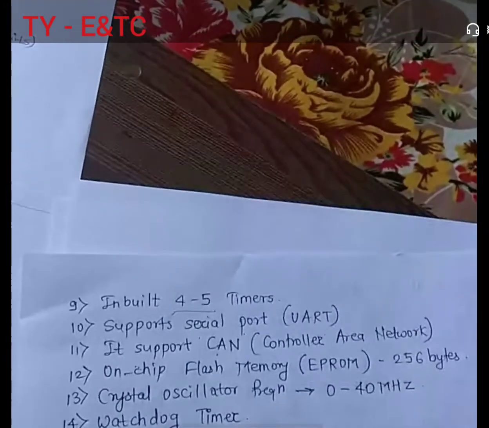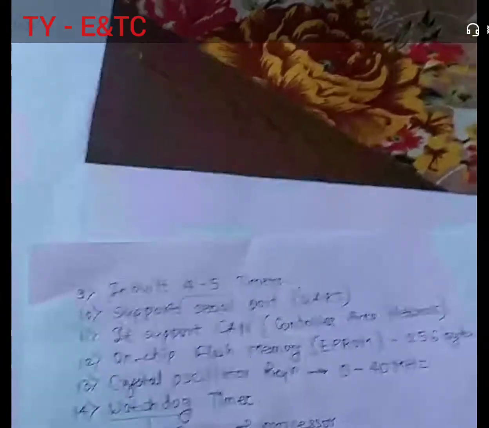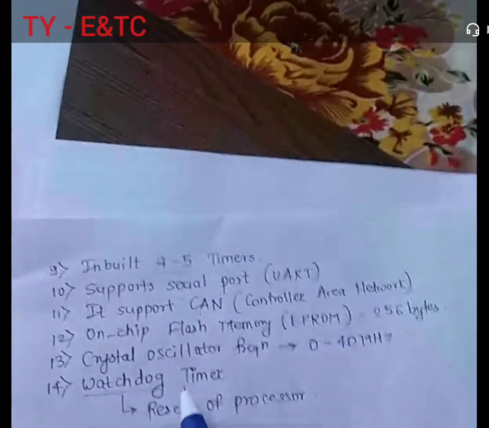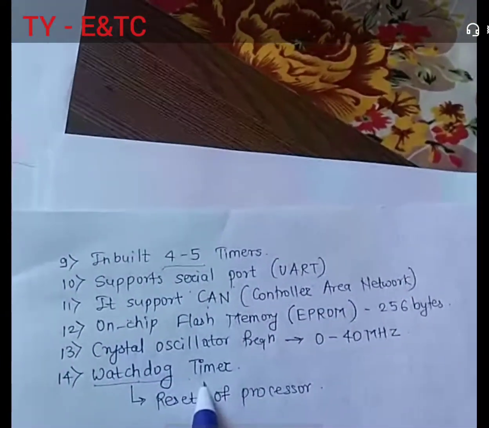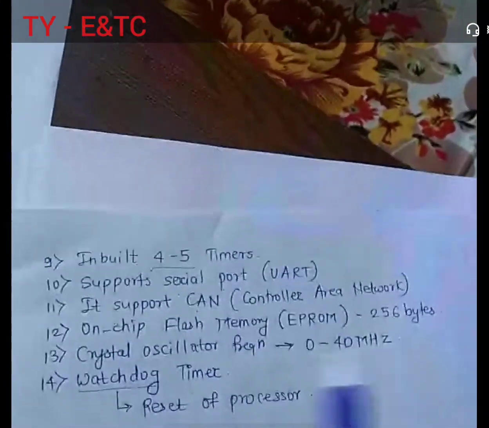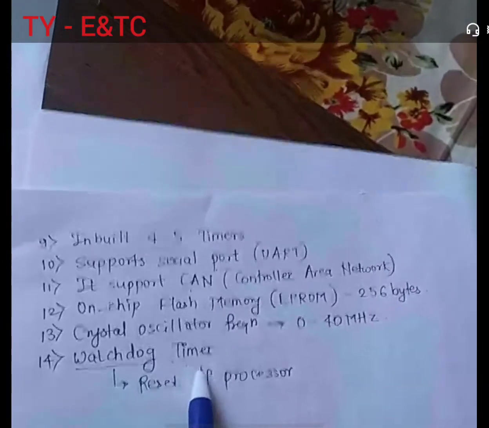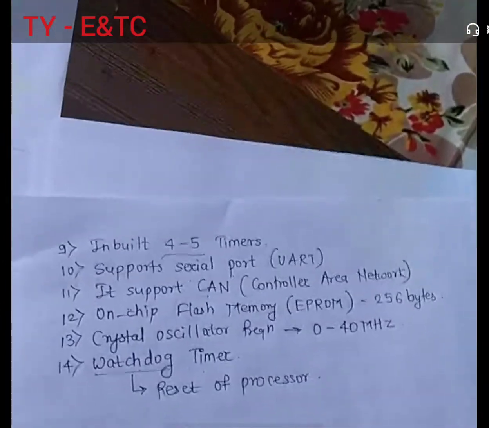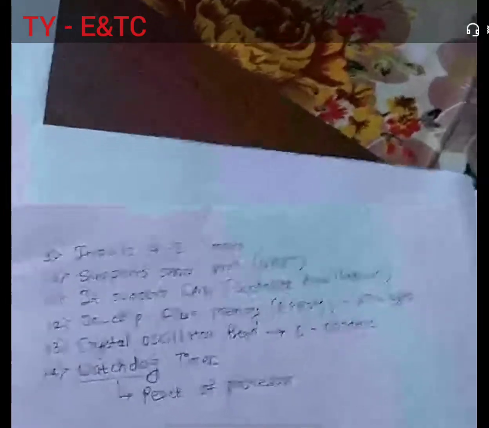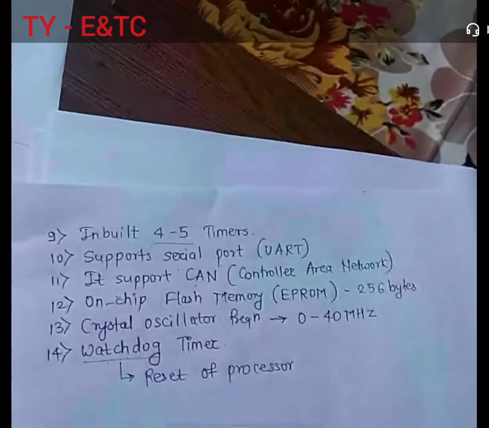So in some operation, if you want to reset the processor present inside that PIC microcontroller, then you can do it by using this watchdog timer. In 89C51 it was not available, but in PIC microcontrollers this is added just to reset the processor. If you want to find out more details about this timer, you can go through the internet and find it out.